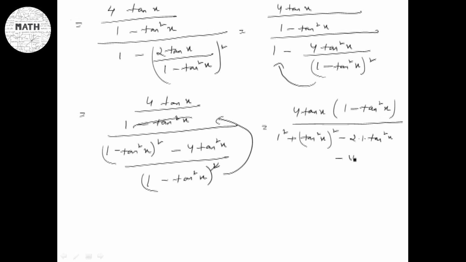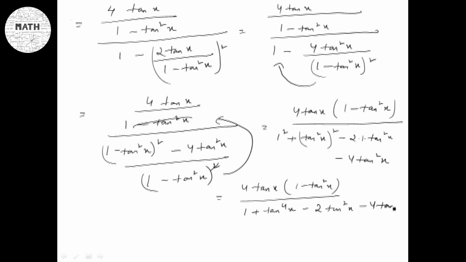And then I got here minus 4 tan²x. So which would be 4 tan x (1 − tan²x), and then that will be 1 plus tan⁴x, because 2 twos are 4, so minus 2 tan²x minus 4 tan²x. So in short, I got the answer.